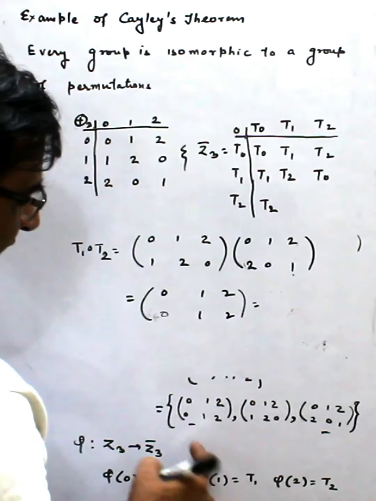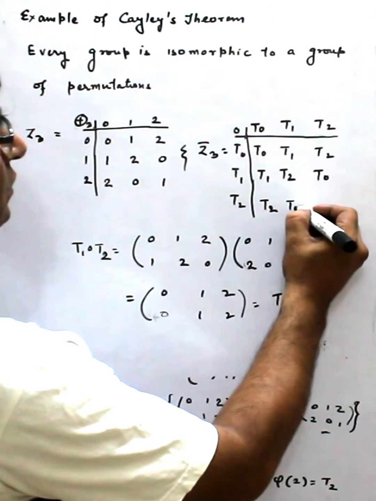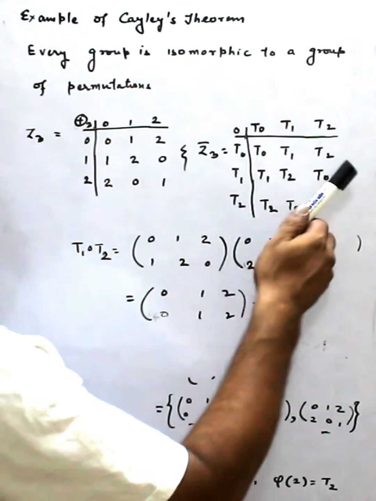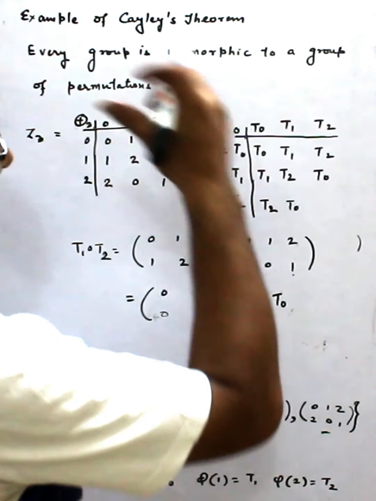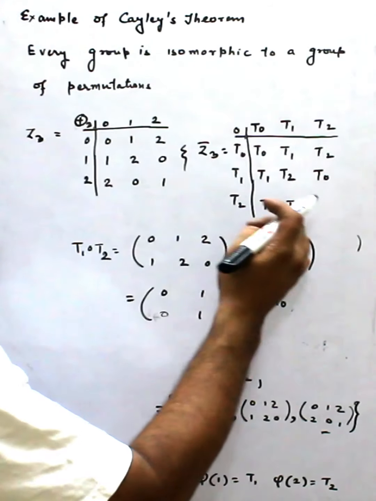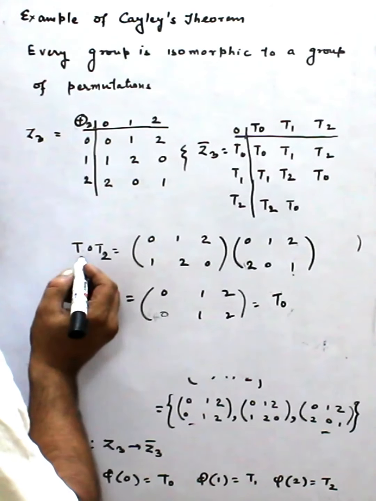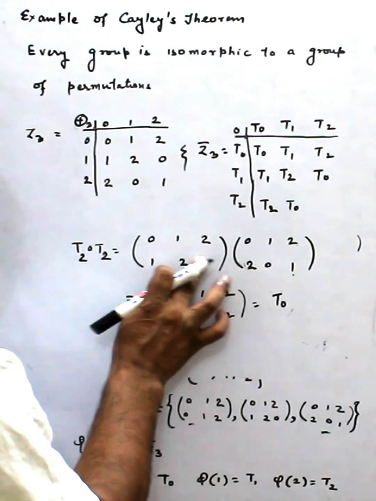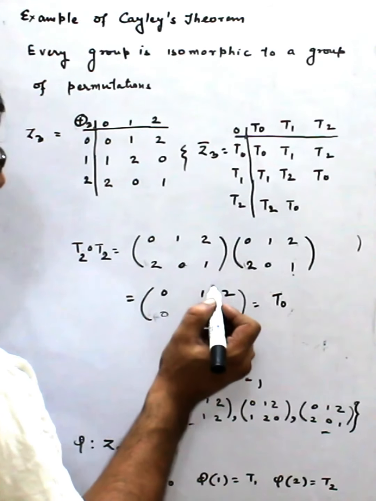So this is again T0. And when T2 with T2, that means here T2 with 2, 0, 1.